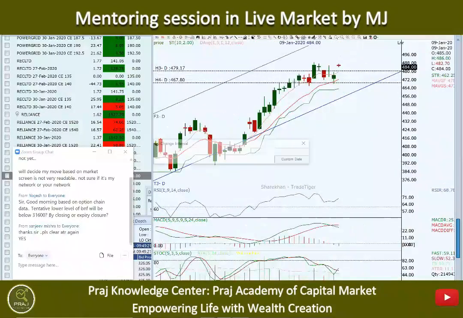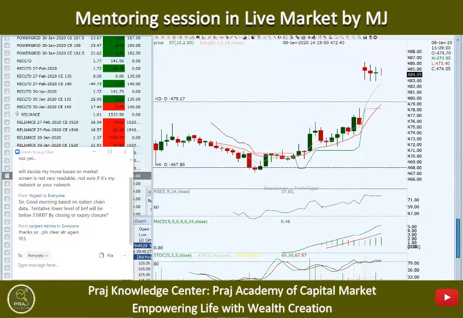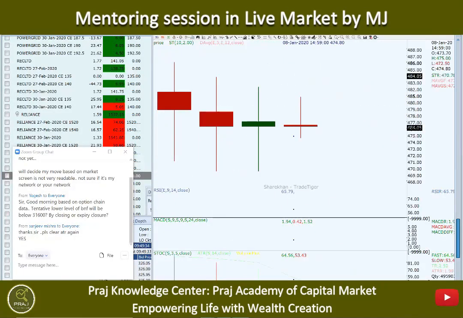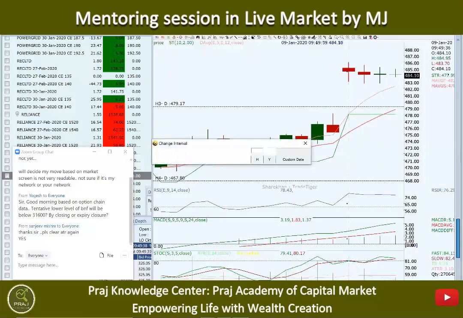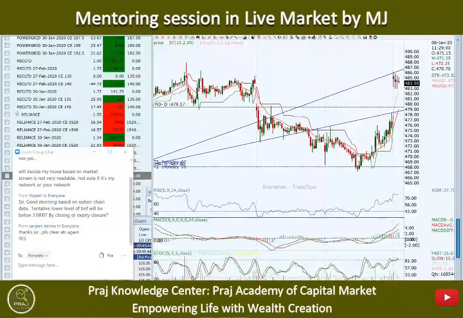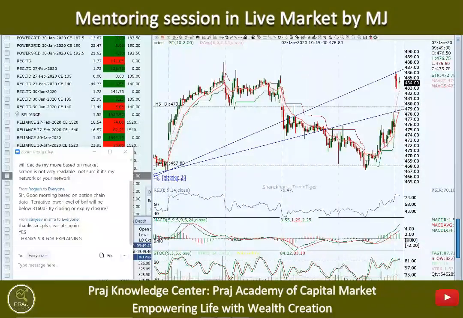Even in case of Tata Steel, let's see what is happening in a 10-minute chart. Right, in a 10-minute chart, if you look at Tata Steel, Tata Steel was following certain channels, right? It went out of the channel and it's trying to get into the channel again.